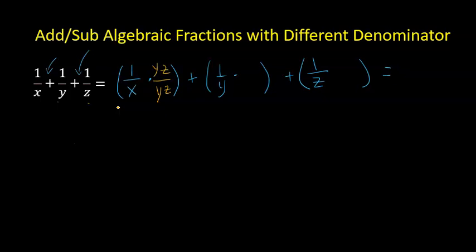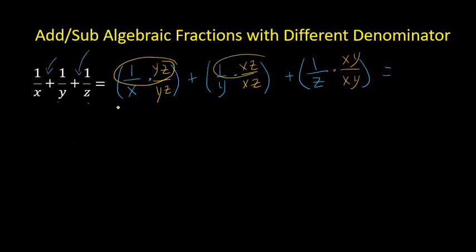Whatever I do to the bottom, I gotta do to the top. Now I have y, x and z, x and z from the bottom and the top. Now the z needs the same as everybody else, so I'm going to give it an x and a y, and then it gets an x and a y at the top, because whatever I do to the bottom, I got to do to the top.